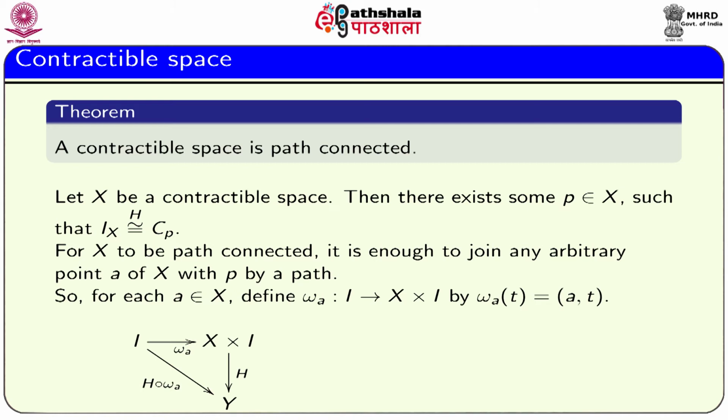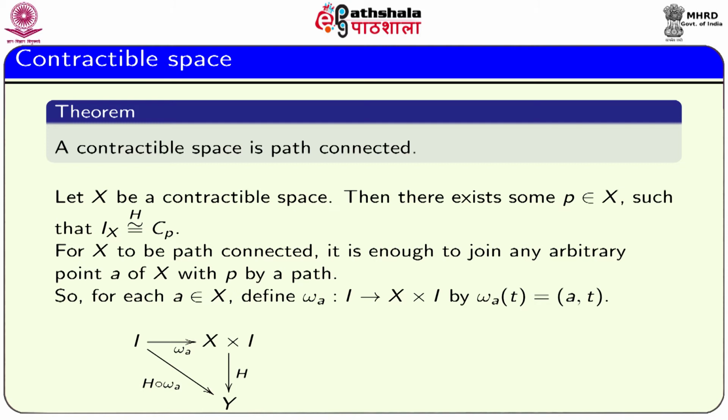Now, we have this diagram that W_A is a continuous function from I to X cross I, capital H is a continuous function from X cross I to X. So, the composition of two continuous functions is a continuous function.